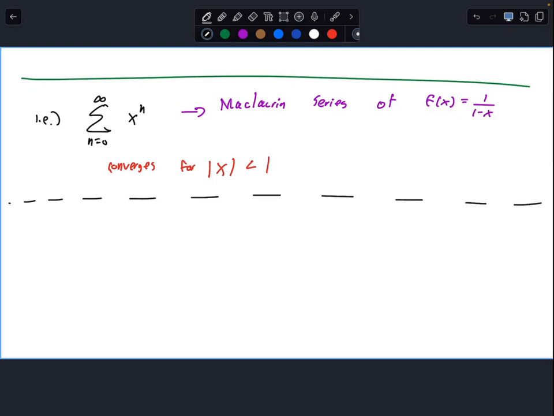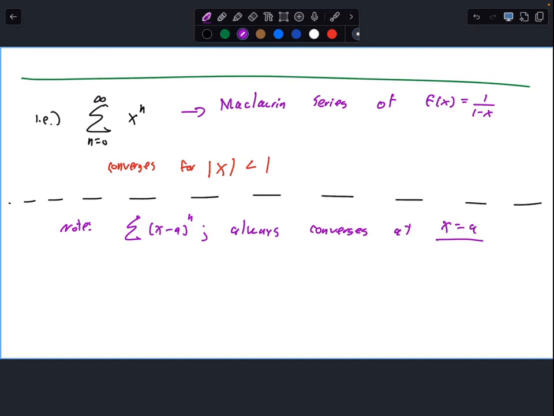Now, something to note: the series of x minus a to the n always converges at x equals a. So in the case of the one on top, a is 0. Of course, 0 to the n is what it would converge to.